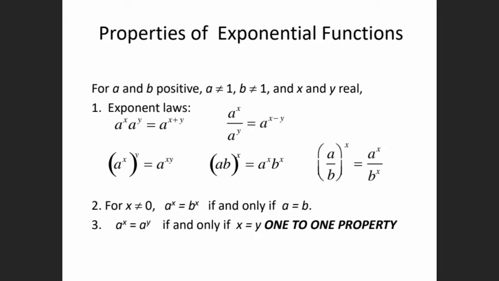This makes sense: if I have different bases or different exponents, of course they're going to give me different numbers. For it to be one-to-one, we have to have the same base and the same exponents on both sides of the equation.